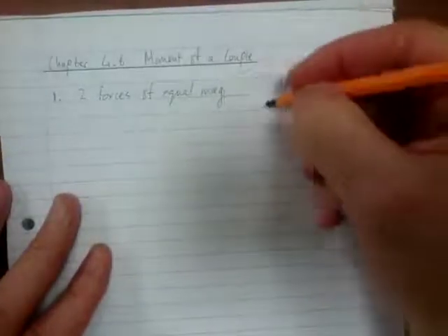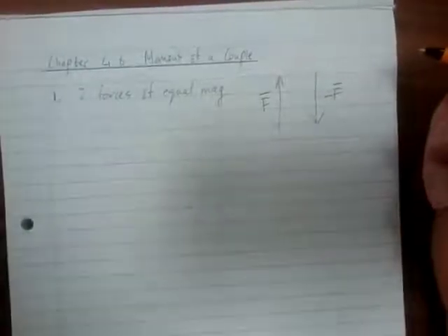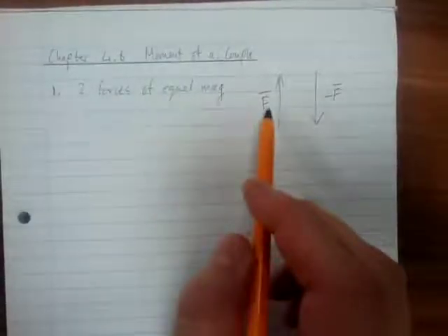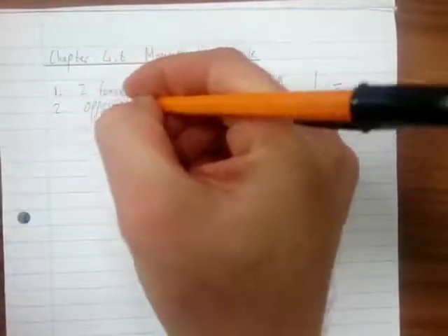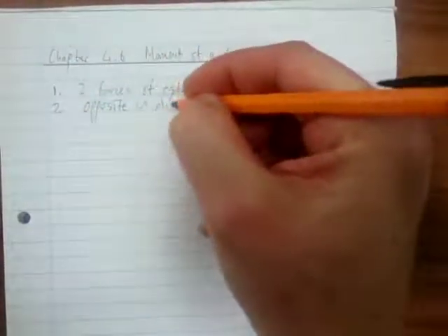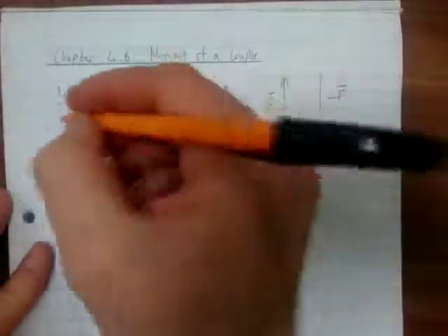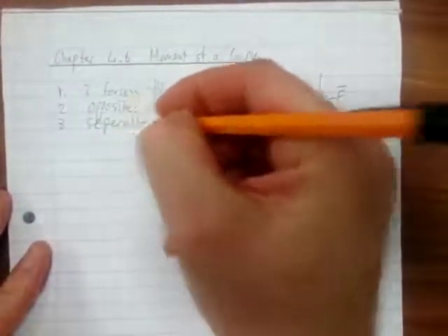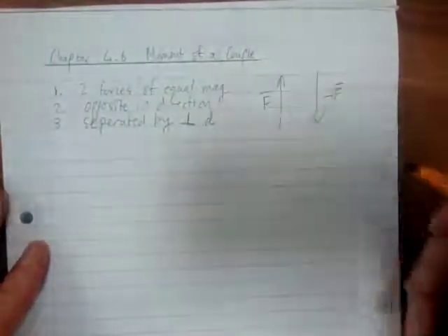The textbook goes minus F and F. So it's two forces equal in magnitude, opposite in direction, and separated by perpendicular distance d.